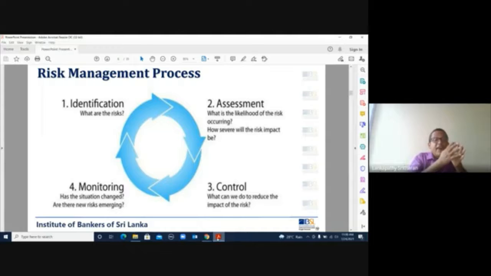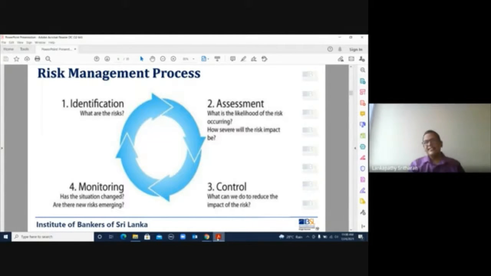So we have to monitor it. These 4 steps are involved in the risk management process: identification, assessment, control, and monitoring.